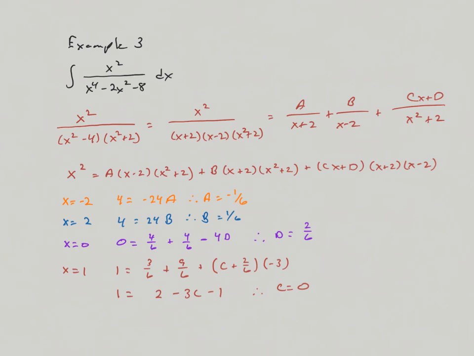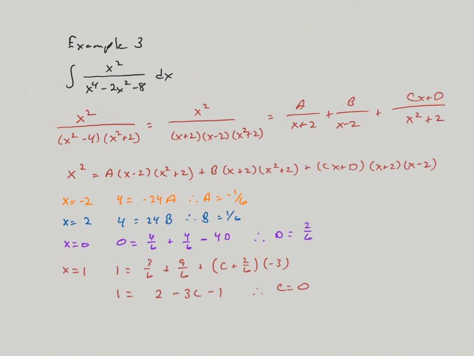Then when I distribute the negative 3, combine these two, and reduce, I get 1 equals 2 minus 3c minus 1. Solving for c, I get c equals 0. So in this case, we know a is negative 1/6, b is 1/6, c is 0, and d is 2/6.